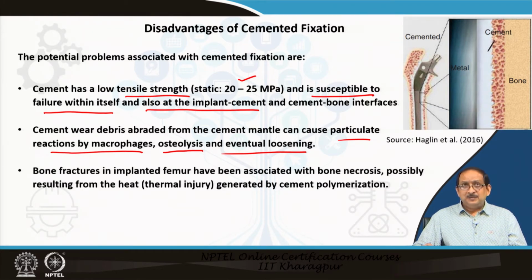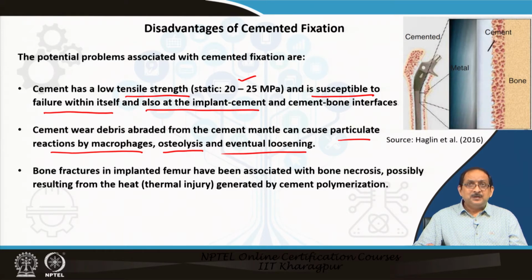The other potential problem with cement fixation is that bone fractures in implanted femur have been reported to be associated with bone necrosis, possibly resulting from the heat generated by cement polymerization.